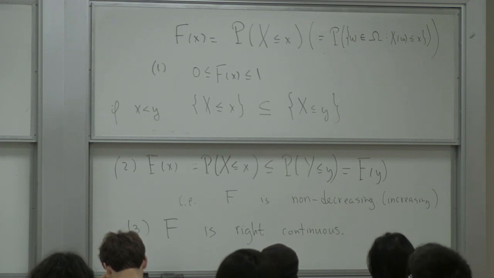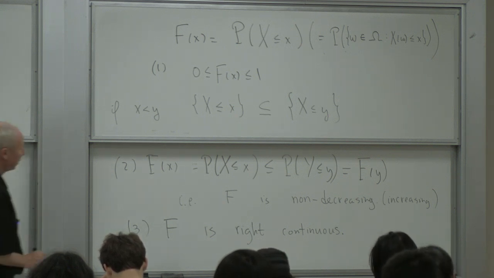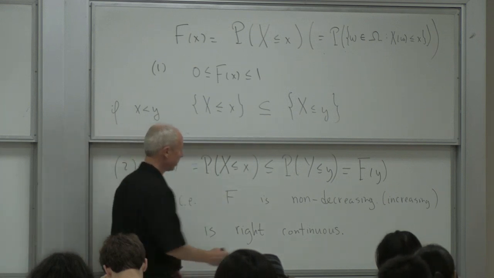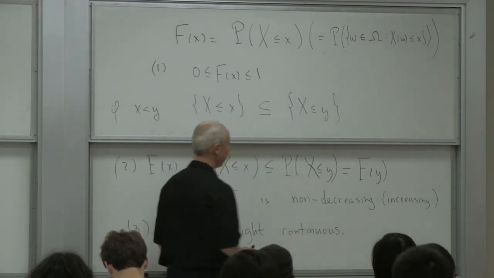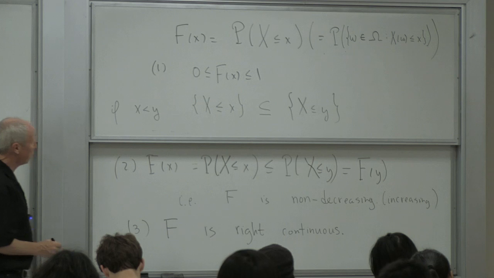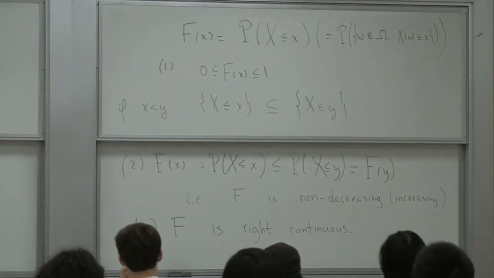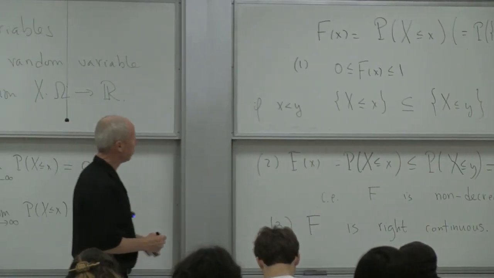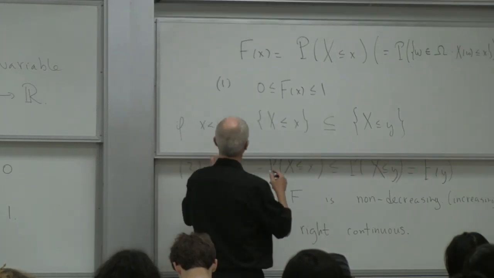Okay, so this is the function that captures all the statistical or probabilistic, oops, this is capital X here, sorry. Statistical information about the random variable X. And this is called the distribution function.